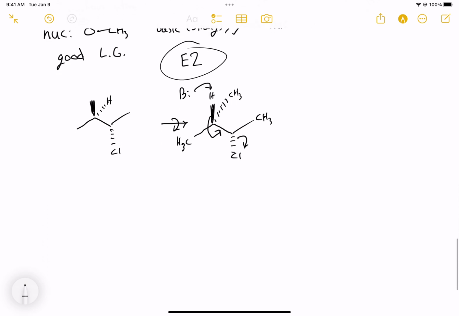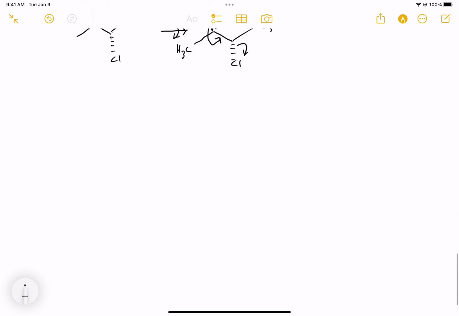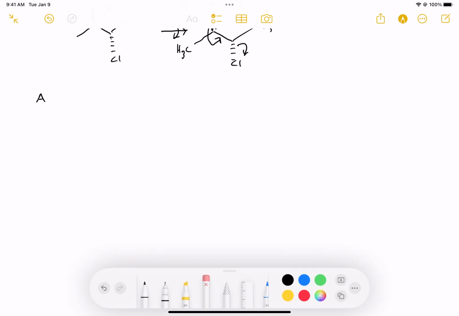Okay. Let's do some vocab here. All right. Let's just do bullet points. All right. So good nucleophiles tend to be, all right, let's put in a blank here.